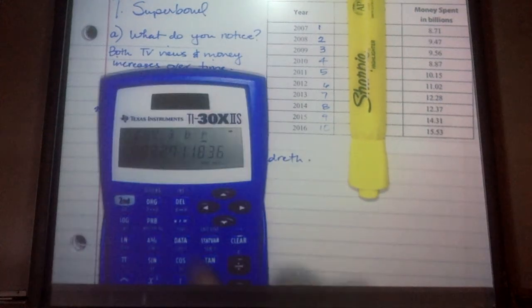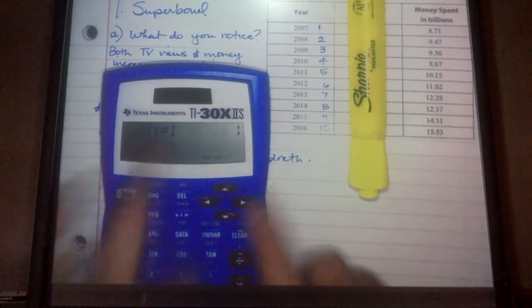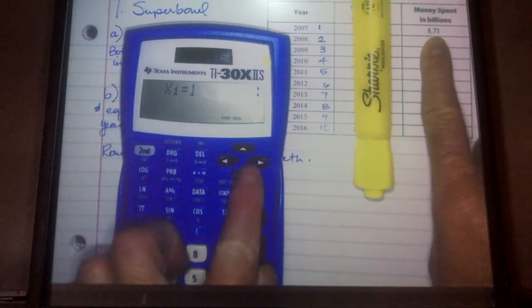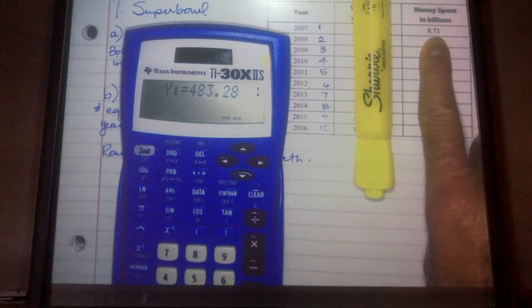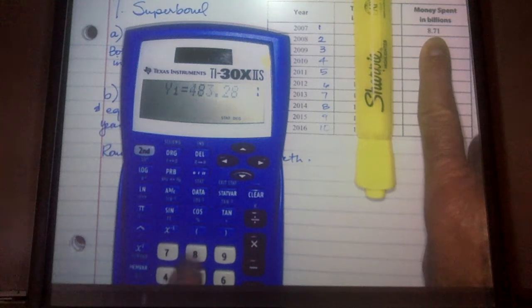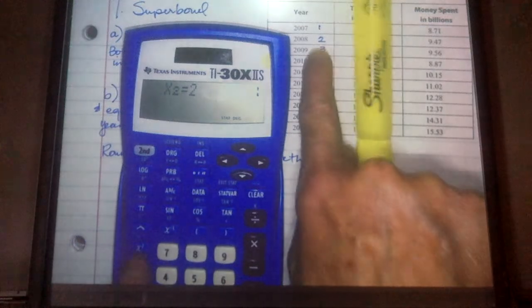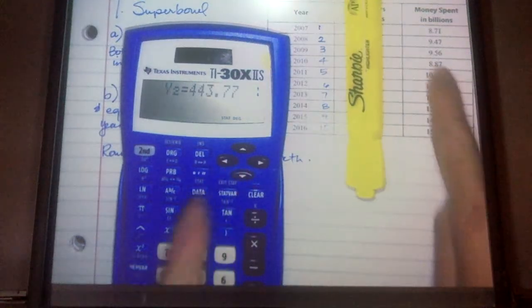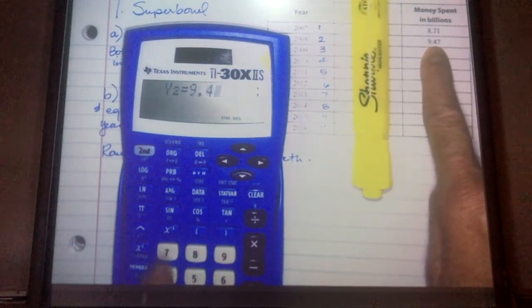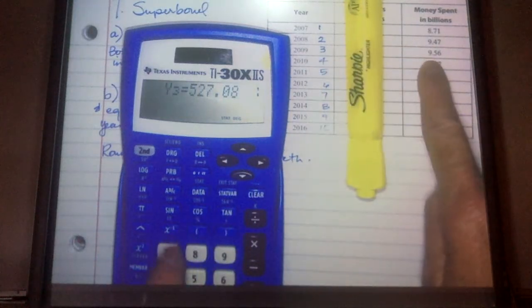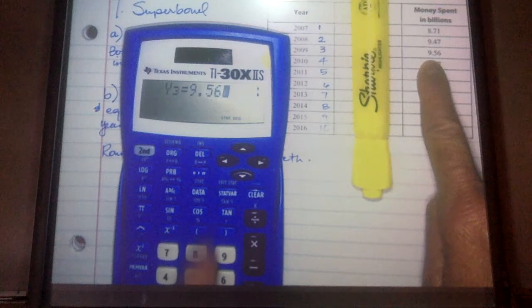So I'm going to go back into data. I already had a 1 right here, so I can keep it, but I'm changing this to my value in billions. Notice that's billions of dollars, not millions. So 8.71. And then next, I have year 2, but I'm entering 9.47. Year 3, but Y is now 9.56.